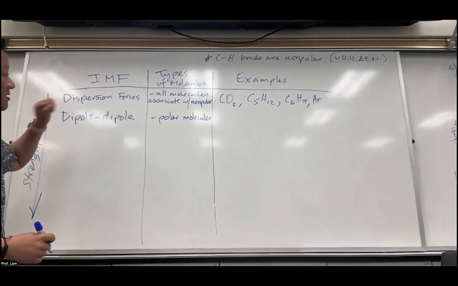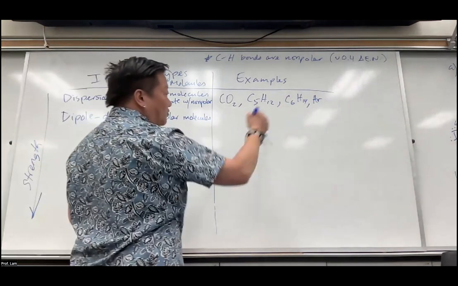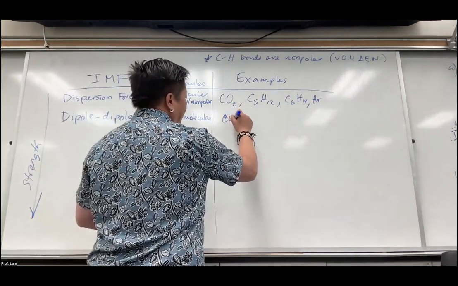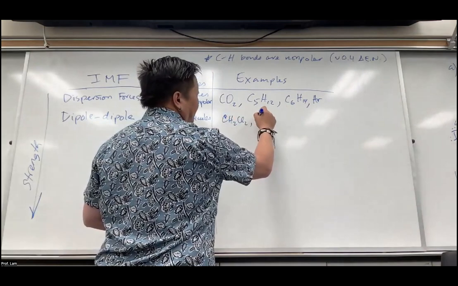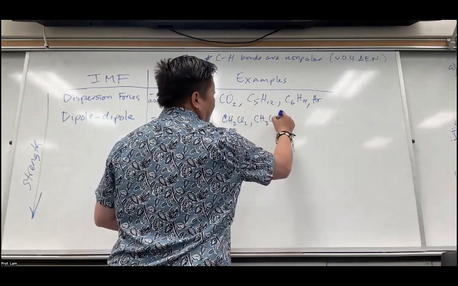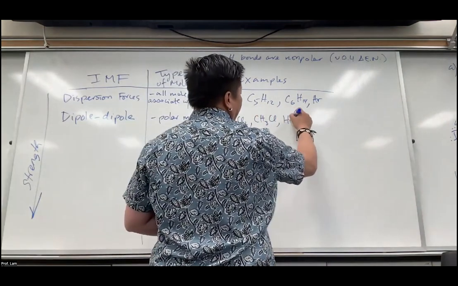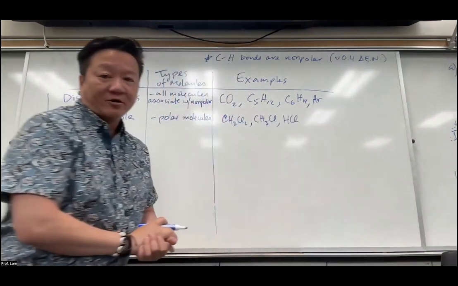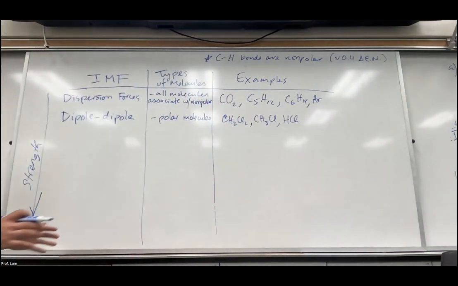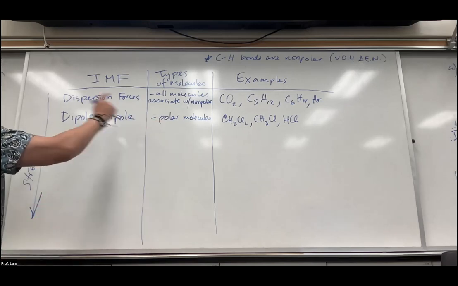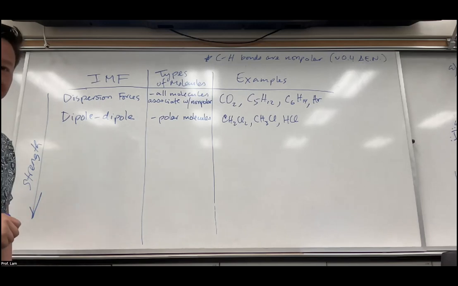It's stronger than dispersion. Some examples we saw: CH2Cl2, CH3Cl, HCl, and a bunch of other things. So, again, just assess the polarity. If it's polar, it can be dipole-dipole.